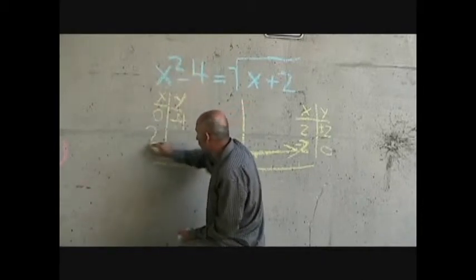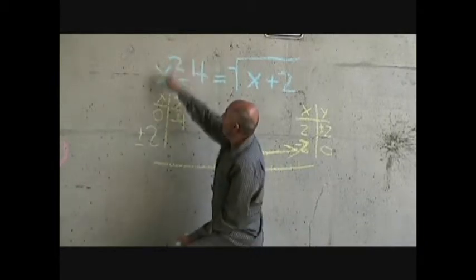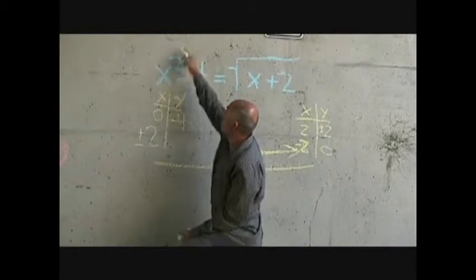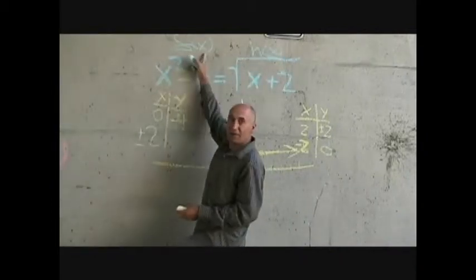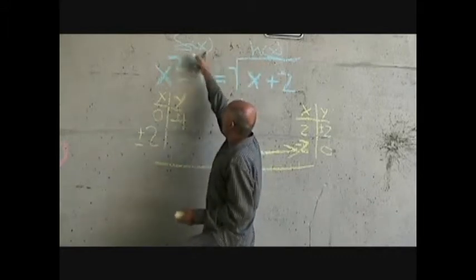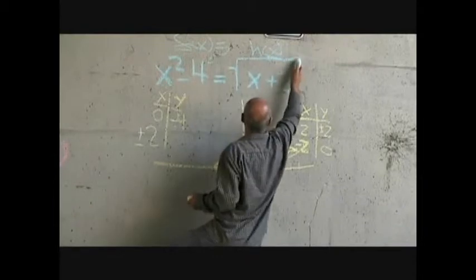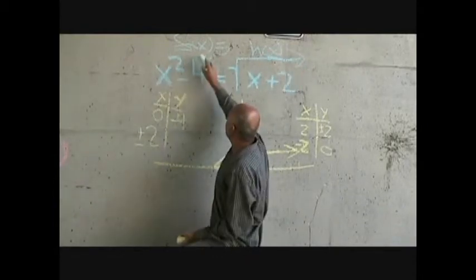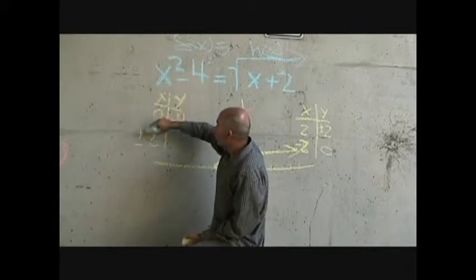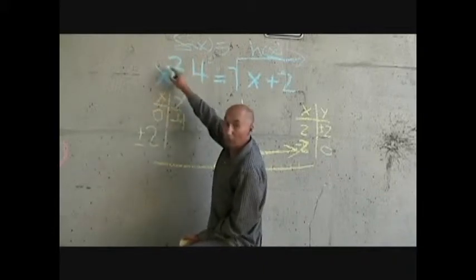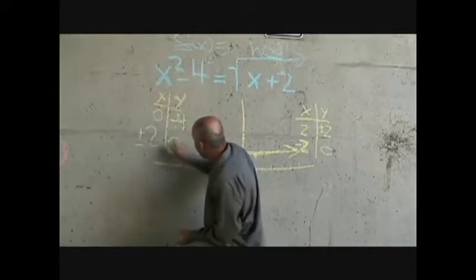This side is just a function, it's just a y, right? If we call this f of x and we call this h of x, f of x equals this guy, h of x equals this guy. So if you sub in x equal to plus or minus 2, 2 squared is 4, negative 2 squared is 4, 4 minus 4 is 0, so this just becomes 0.